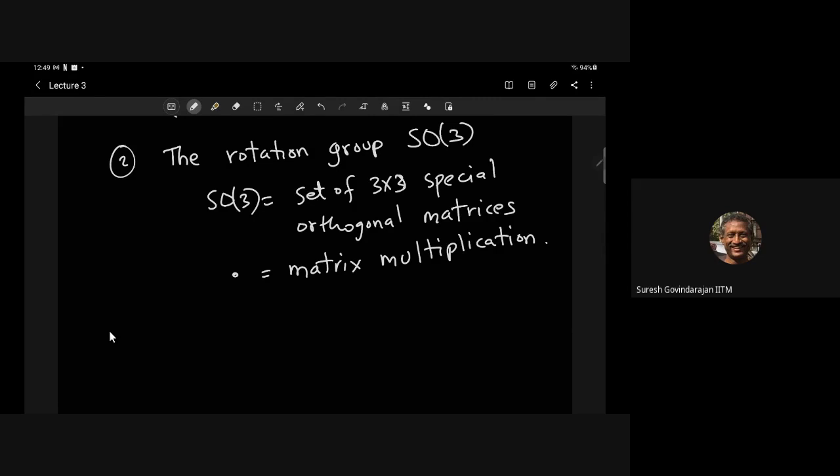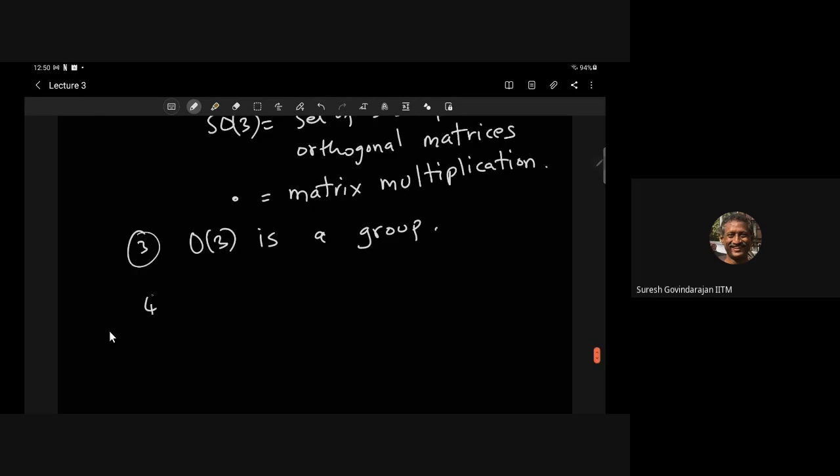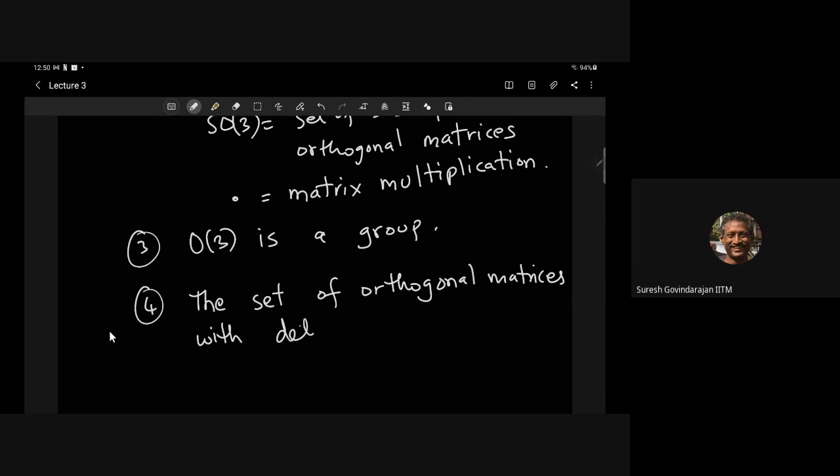Okay. So this is also a group. Similarly, O3 is also a group. The set of orthogonal matrices with determinant equal to -1 is not a group.